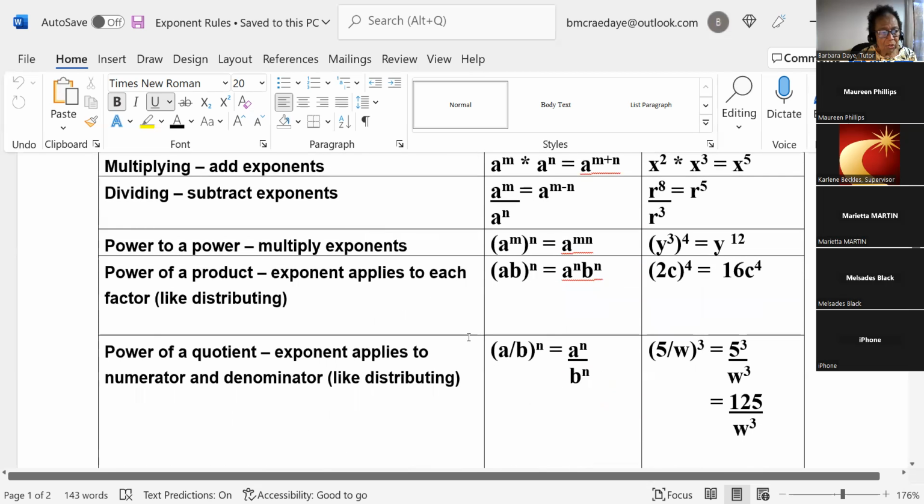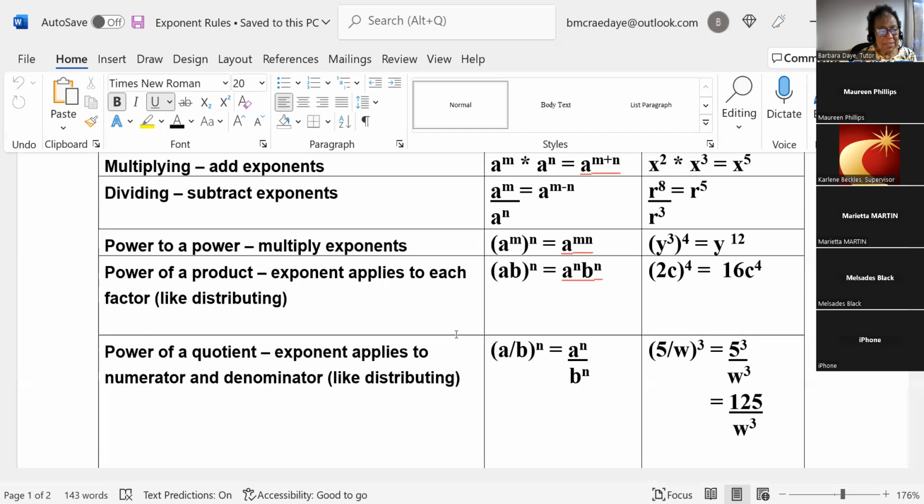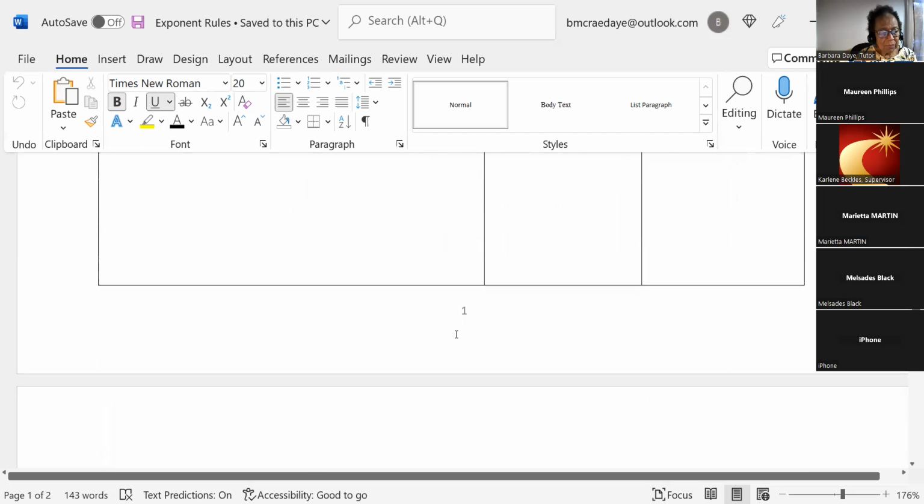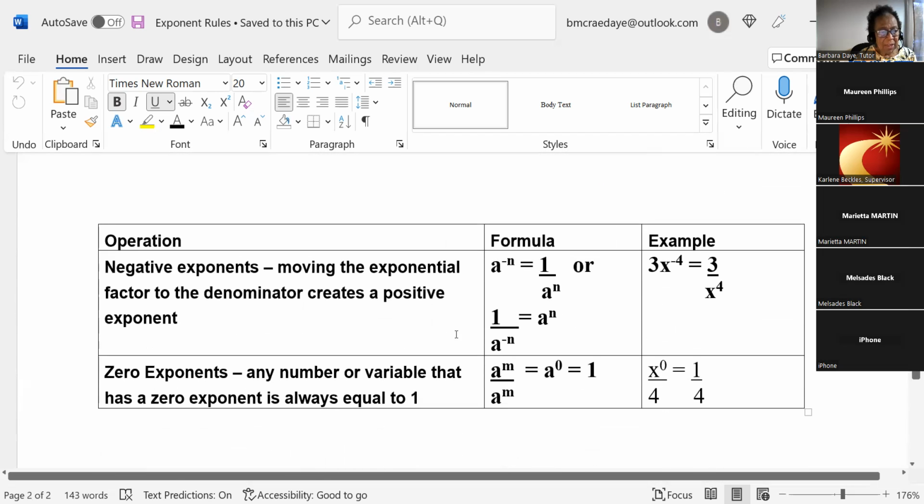Power to a power, power of a product. When we say product, we mean multiplication. Power of a quotient, that means division, right? And then negative exponents. And here's an important one. I want you to always remember, whenever you have a 0 exponent, whether it's a number or variable, it's equal to 1.